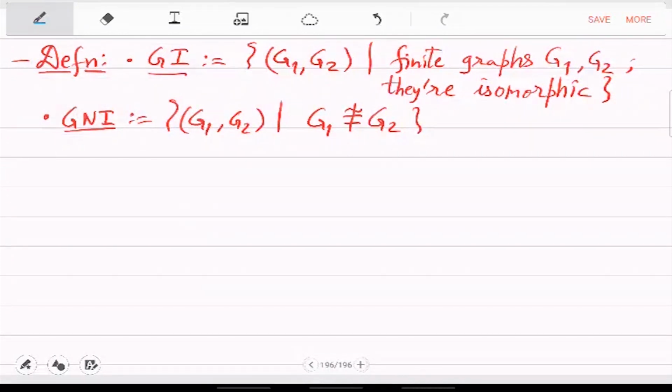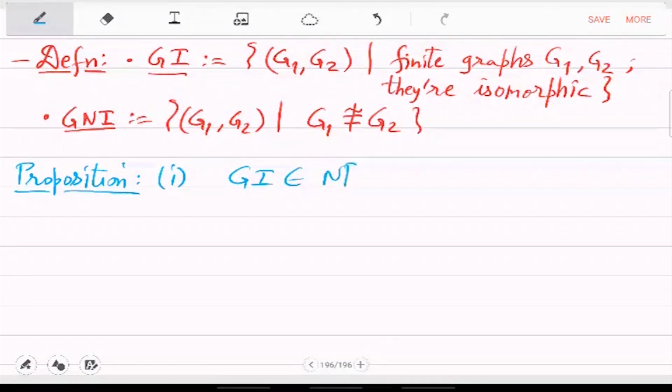And what you can show immediately, as I mentioned before, is that graph isomorphism is in NP because there is a permutation making G1, G2 equal.